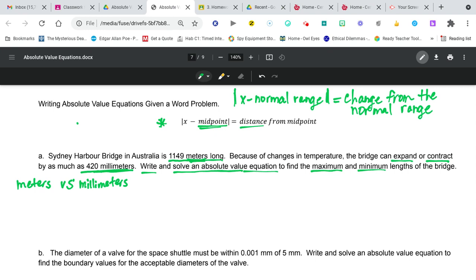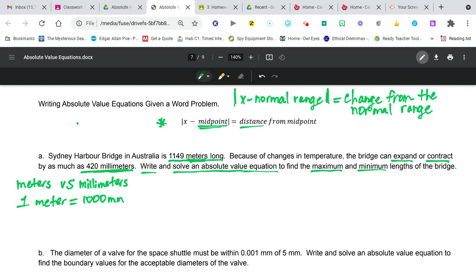All right, so guys, I need you to know that 1 meter is the same as 1,000 tiny millimeters, okay? So you can put this in perspective: if you look at my door in the classroom, 1 meter is going to be about the length from my floor to my doorknob.